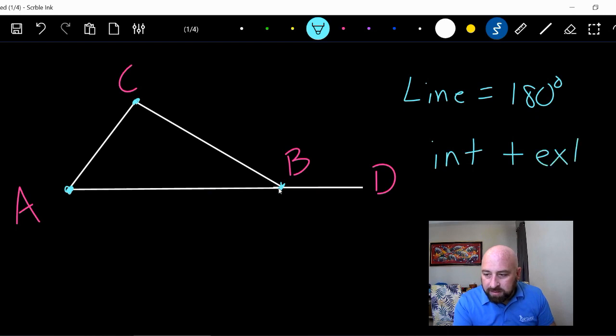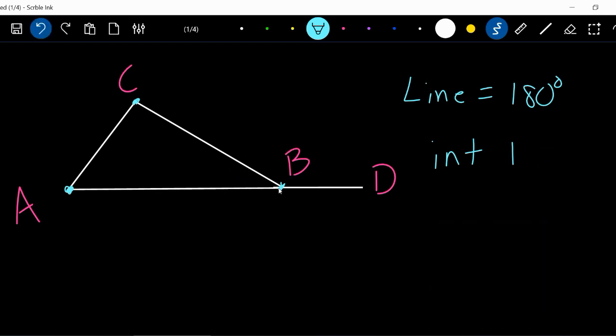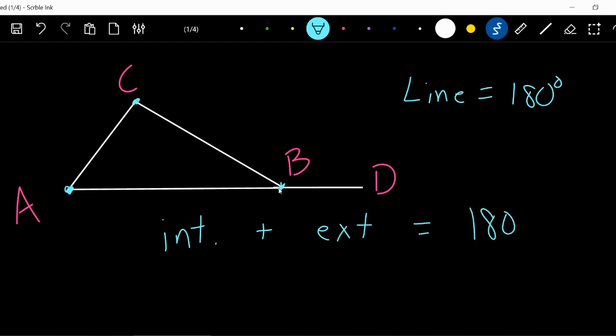So if I take this interior plus this exterior, what did I get? I got a line. The interior plus the exterior always equals 180 degrees.